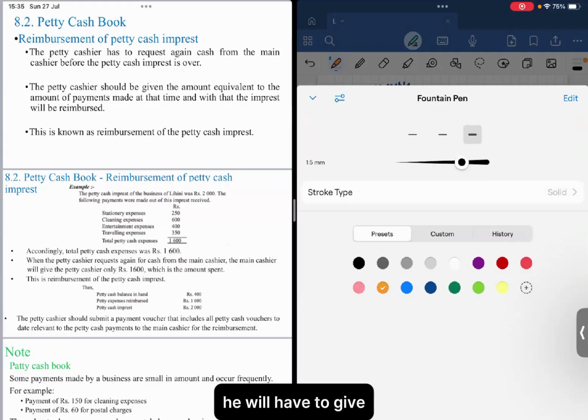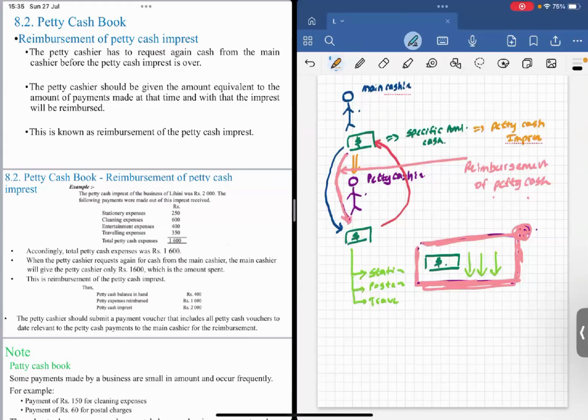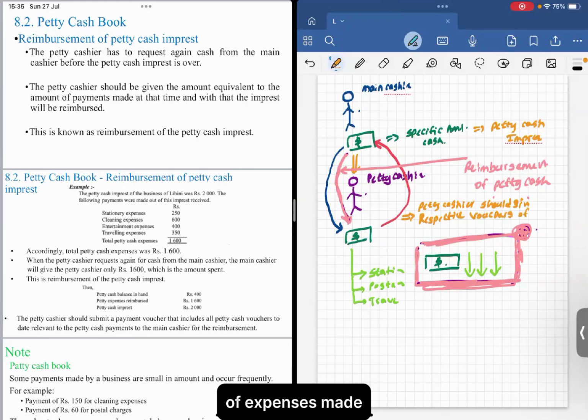The petty cashier should give the respective vouchers of expenses made.